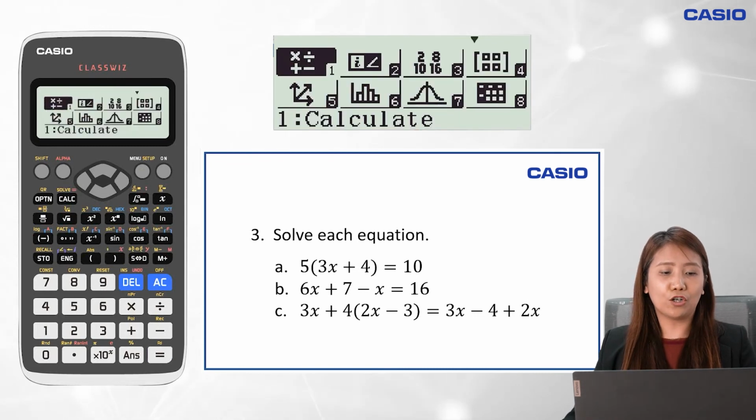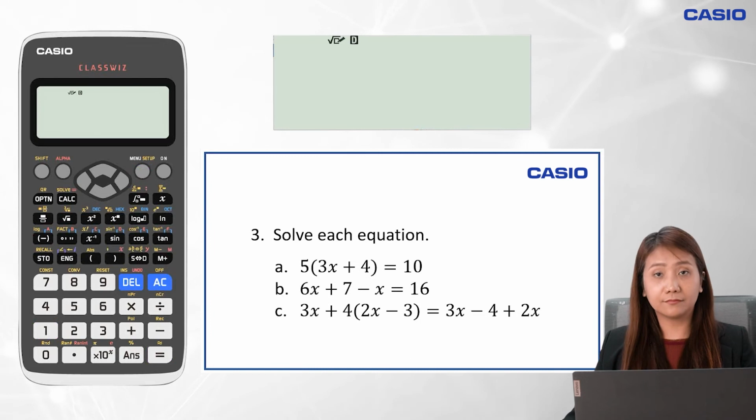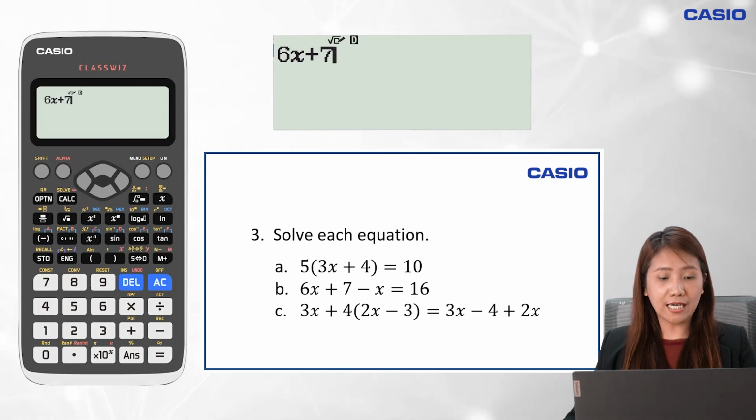Now let's go to the second equation. Again, we click on Menu 1. For the second equation, let's input the first side of the equation by pressing 6x plus 7 minus x.